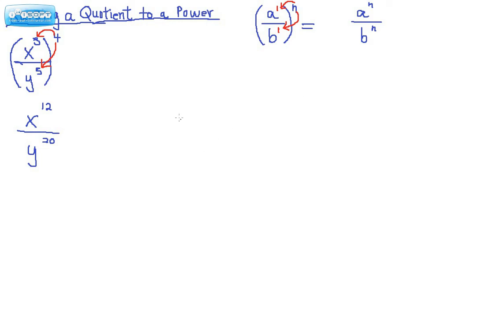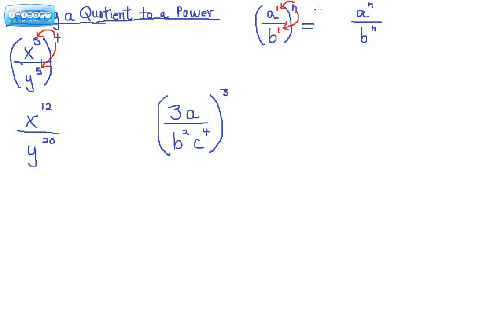Even if we had a number in parentheses, if we had 3a over, say, b squared and c to the 4th, and then on the outside of the parentheses we have an exponent of 3.